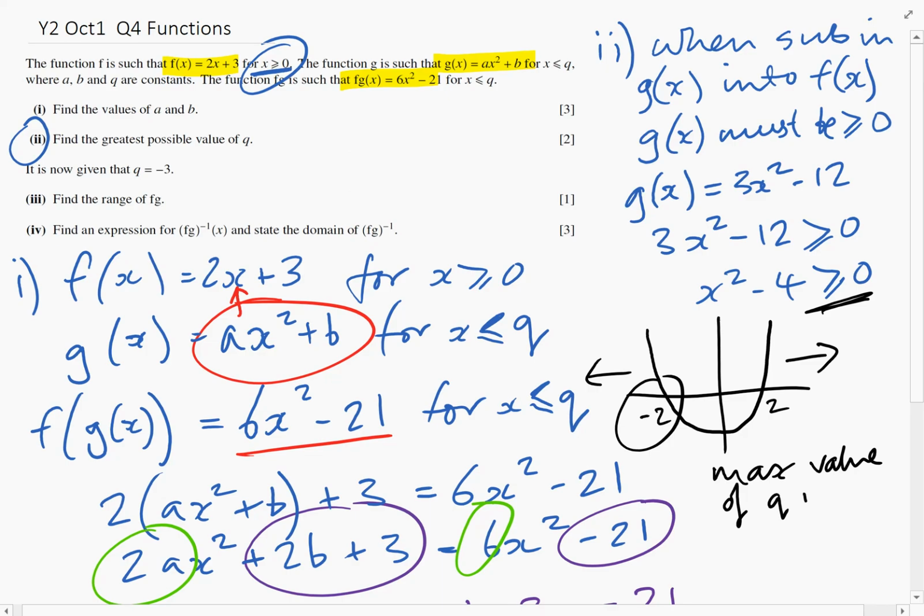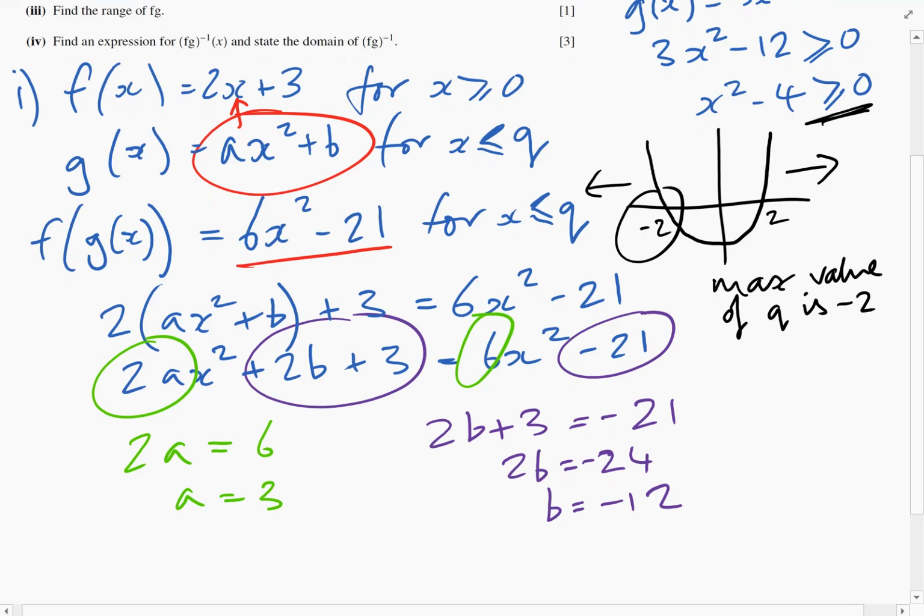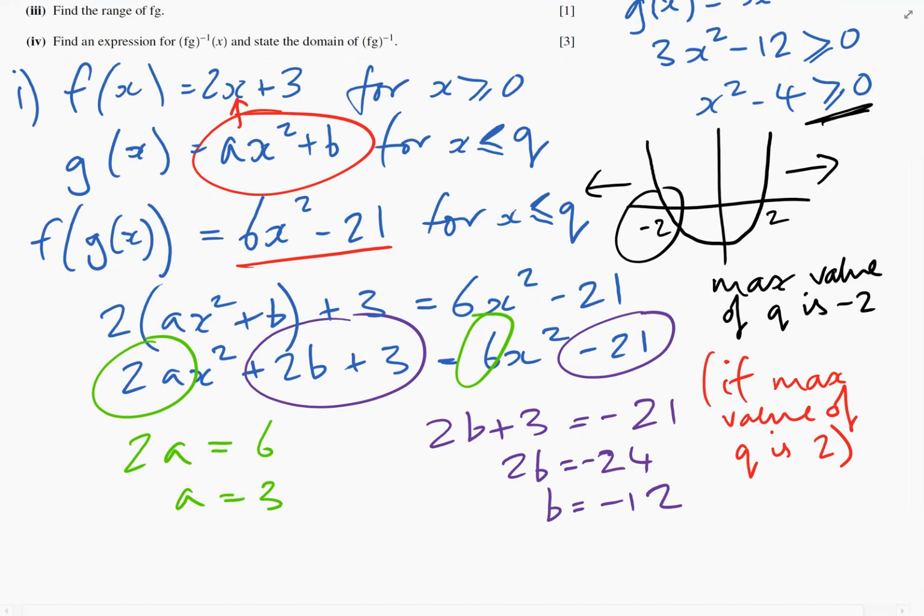Because if we thought the maximum value of q was plus 2, then what we would be saying is that x could be any value less than or equal to plus 2.